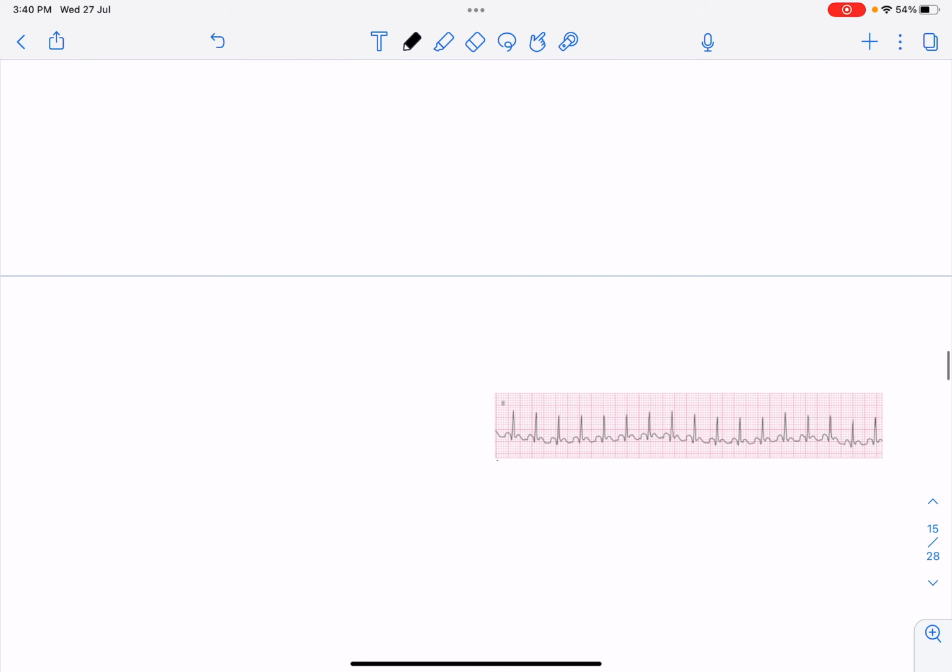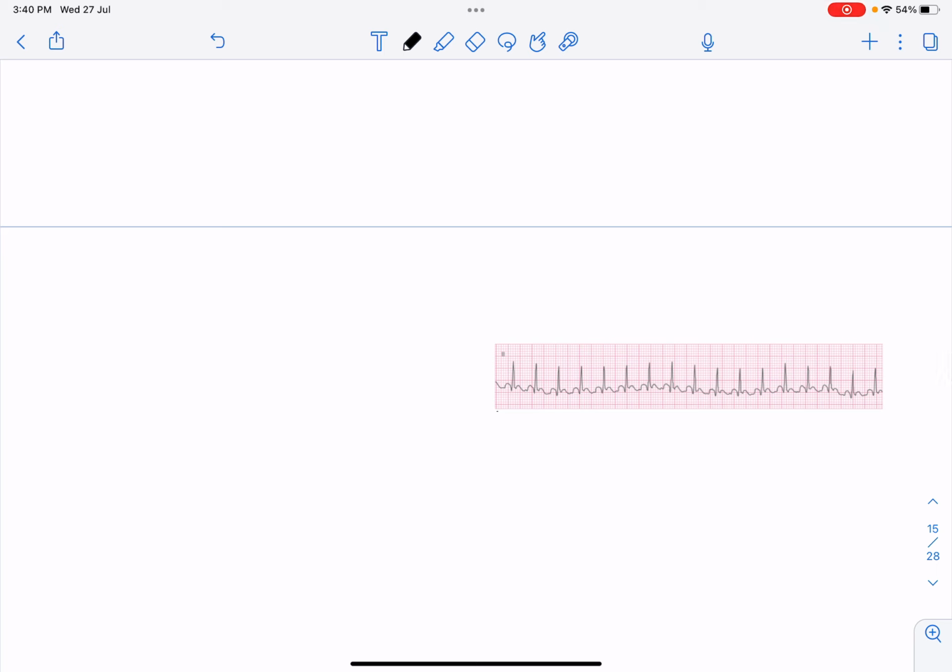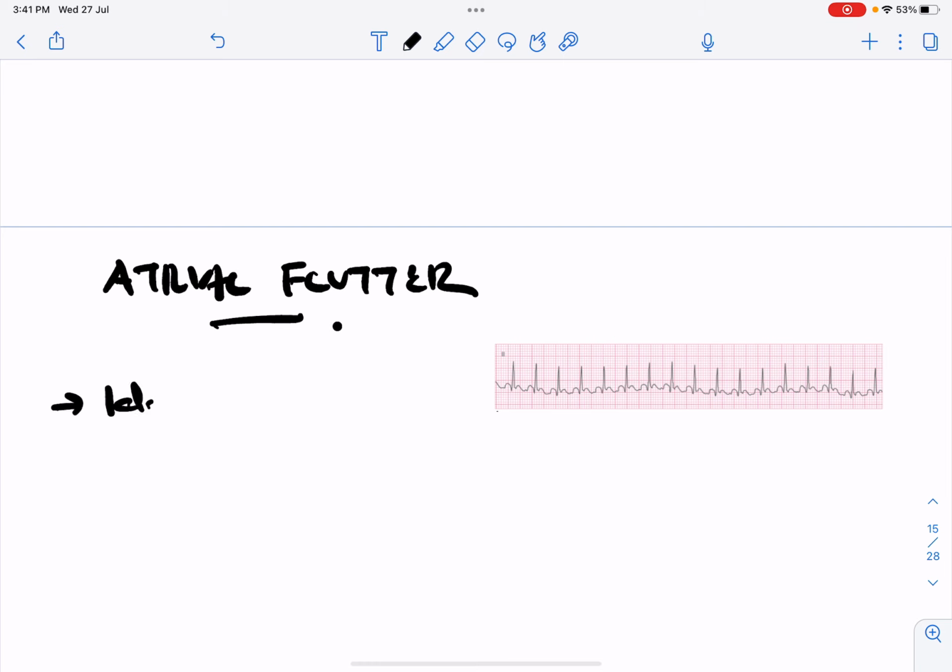Okay, so moving on, the next narrow regular tachycardia is atrial flutter. So the ECG features of atrial flutter: there will be an identifiable P wave, and the P wave is of single morphology.